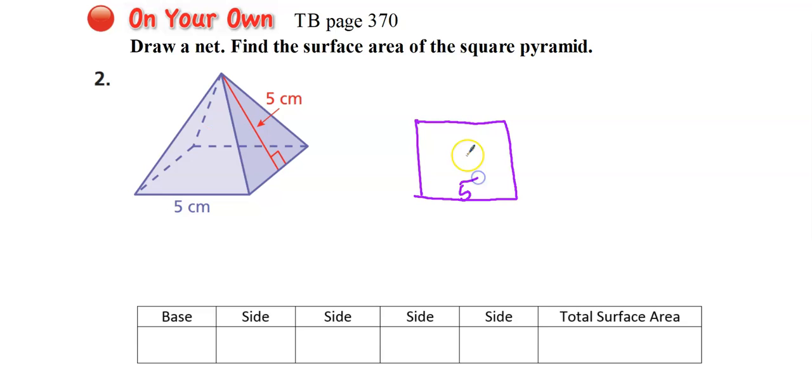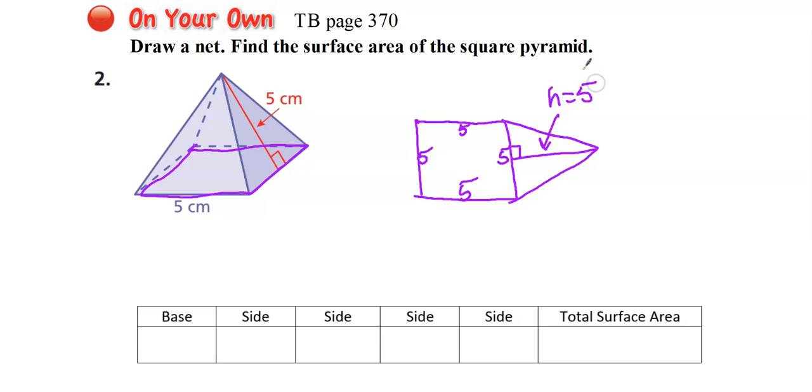This is the square base, which is 5 by 5. So each of these sides of the square are 5. And then the height of the triangle is also 5. So this height from the top to the bottom, h equals 5.